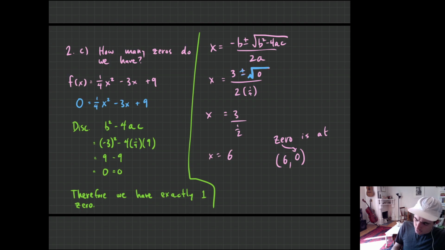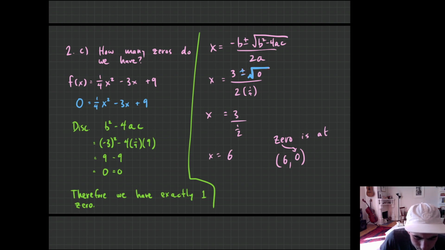But if you're adding and subtracting 0, it doesn't matter, you get the same thing. That's where the discriminant plays a role in the number of roots that we have. And of course, if you have the square root of a negative number, then you're solving for something that doesn't exist, so we would have a problem there.